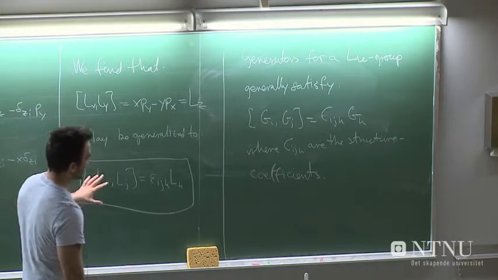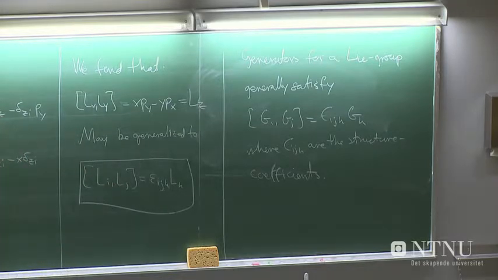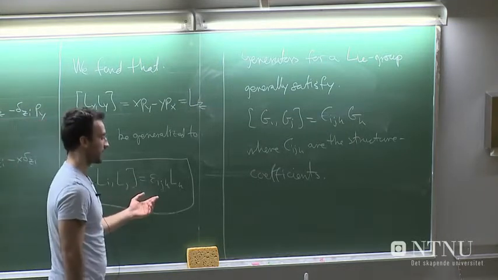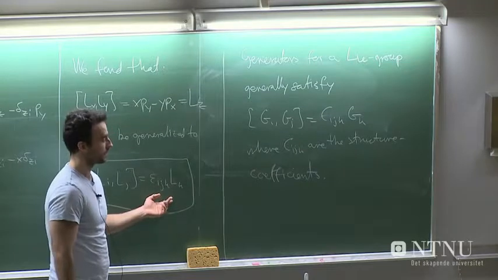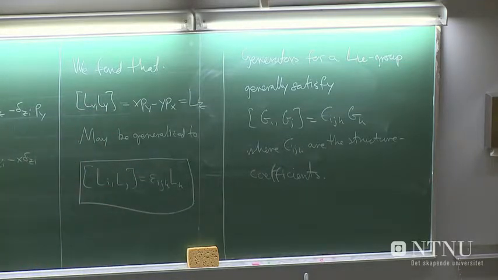So these angular momentum operators are in fact related to the so-called SO(3) group. And the structure coefficients in this particular case are simply the Levi-Civita tensor. So I just wanted to mention this, but you'll be much more acquainted with this later.